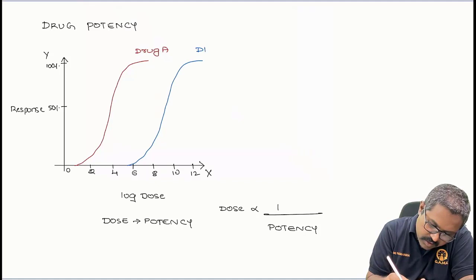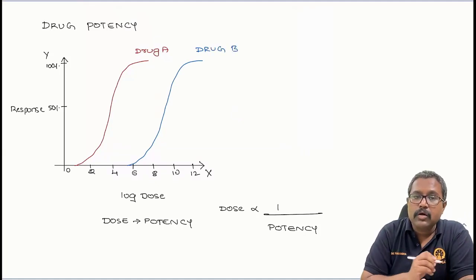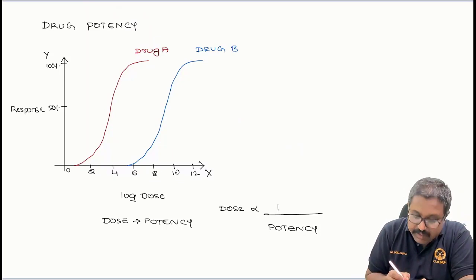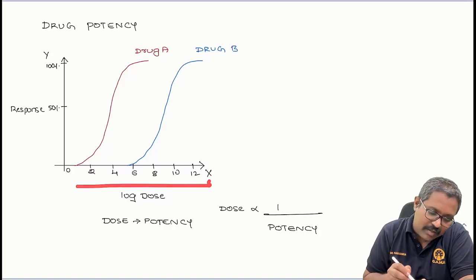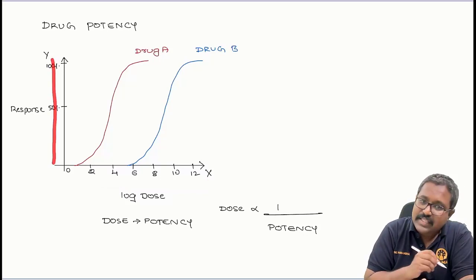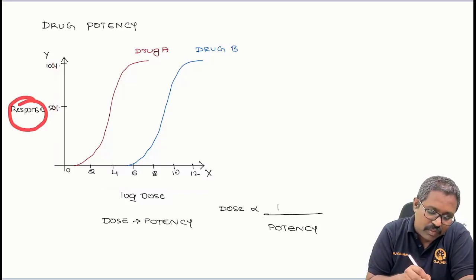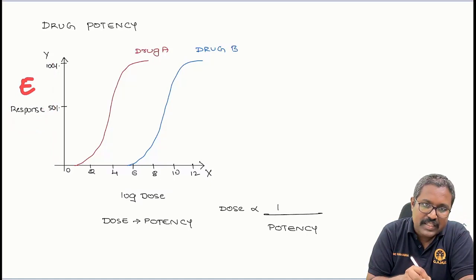So this is your drug B. Whatever the dose you are taking on the x-axis, please remember, we are talking in terms of the amount of drug we are administering, which is comparable to the potency, whereas on the y-axis we're going to measure the response, which is nothing but the efficacy.